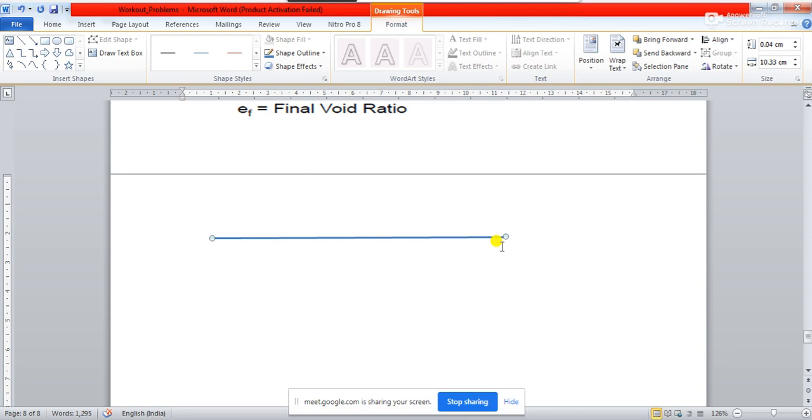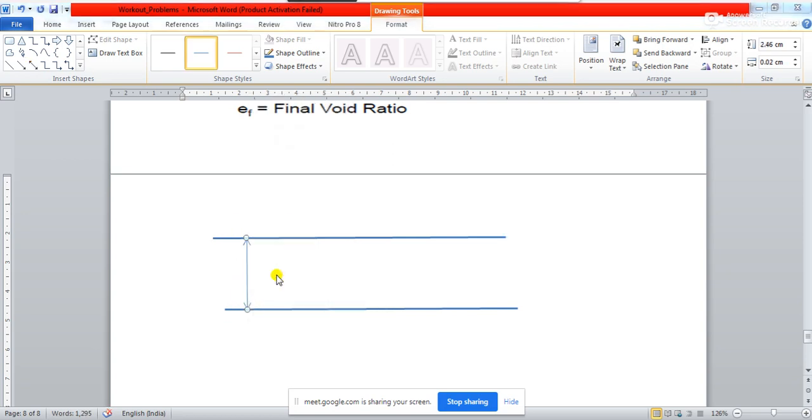And from this ground level, what is said is that there is this layer. So this layer is basically a layer of sand, right? So this is a layer of sand. Let's say this is the depth of the sand layer.